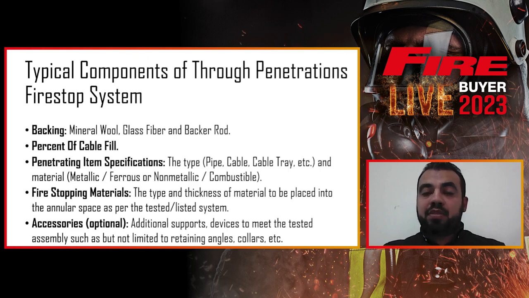Plastic pipes will make a hole and will not stay for a long time; they will melt. In this case, you need to use a sealant material that will expand and close the hole. Metallic pipes will not do the same.